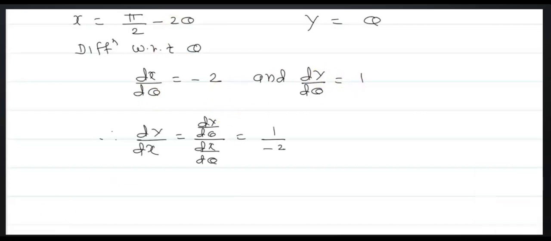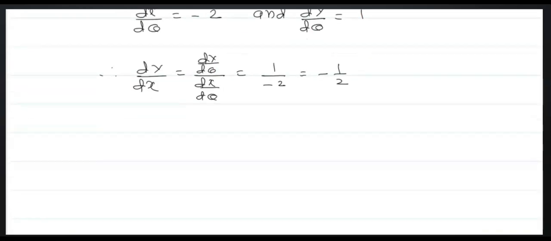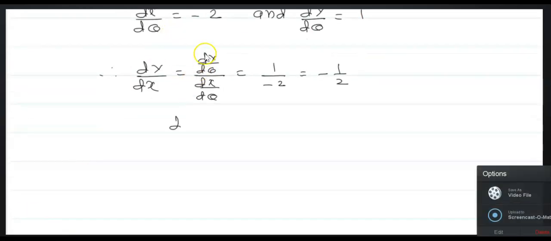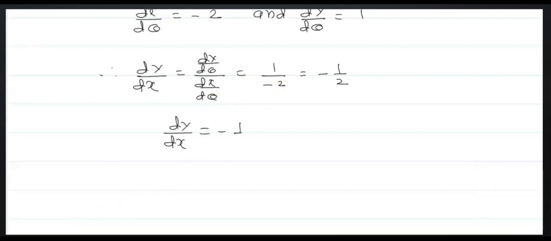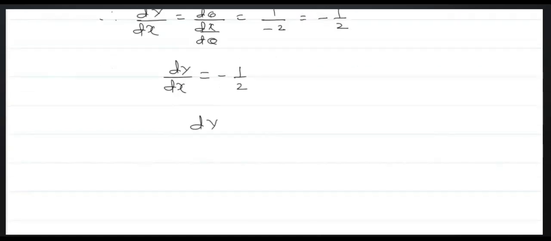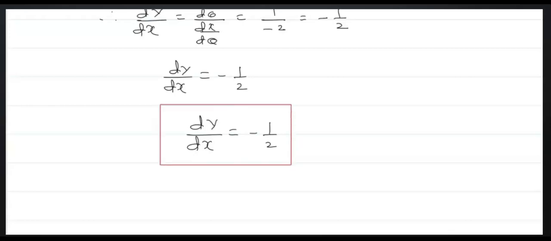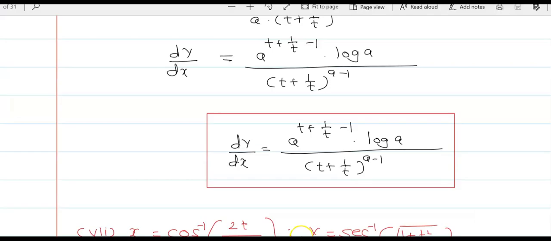Therefore, dy by d theta is equal to 1, and the answer is dy by dx is equal to dy by d theta upon dx upon d theta. That is equal to minus 1 upon 2, and hence the answer is minus 1 upon 2. Now, if you want to write, then write this from the board.